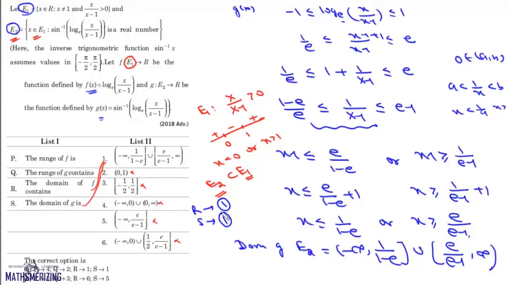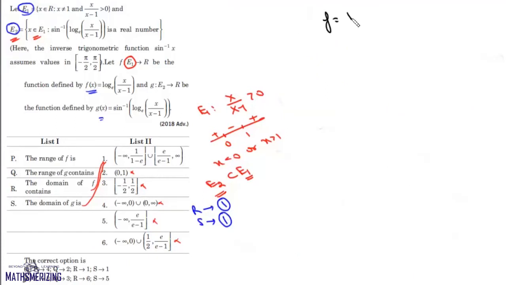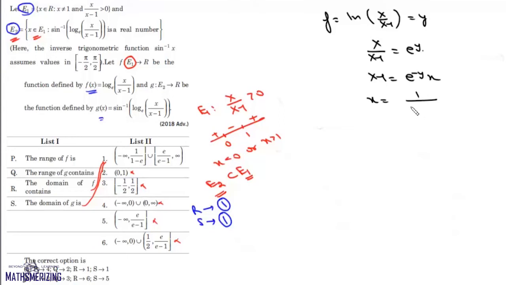Now we need to find the range of f and the range of g. Now this function f is defined as log x upon x minus 1. Let us take this as y. We'll get x upon x minus 1 as e to the power y. We'll get x minus 1 as e to the power minus y into x. So x will be 1 upon 1 minus e to the power minus y. Now, what is the restriction for this function?